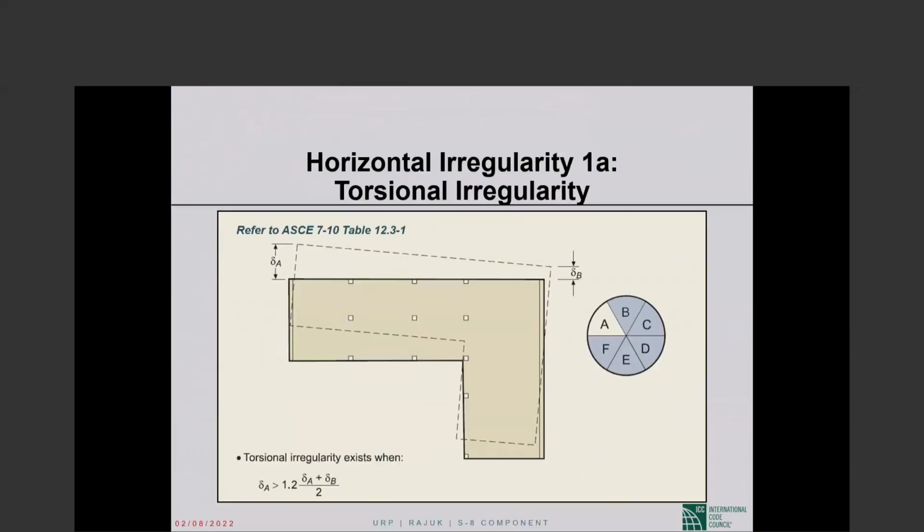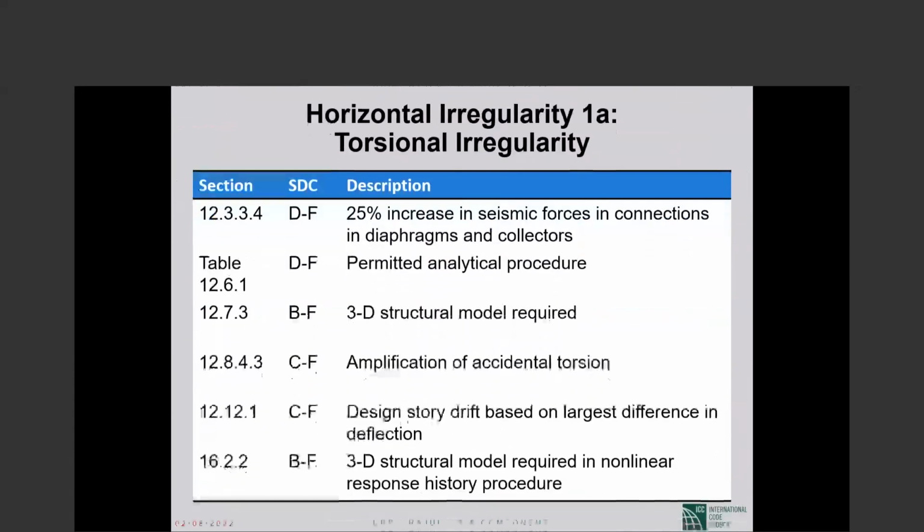Okay. Same thing, L-shaped building, the same idea. Delta A is now the maximum, and the average is delta A plus delta B by 2. If this is true, then we have type 1A irregularity as shown in this picture. If we have 1A irregularity, then those are the provisions of ASCE 7 that get triggered.